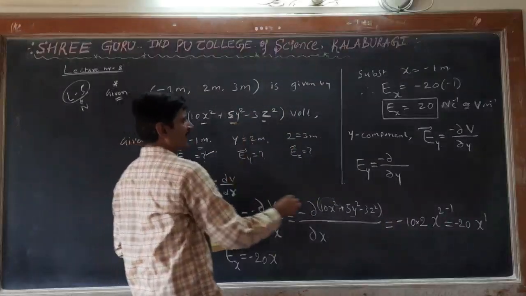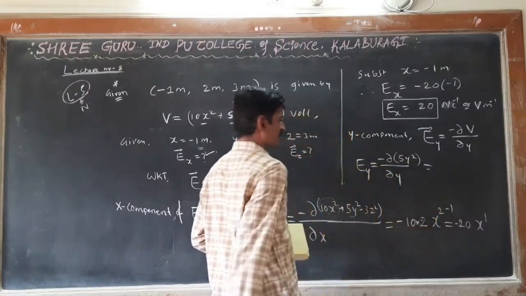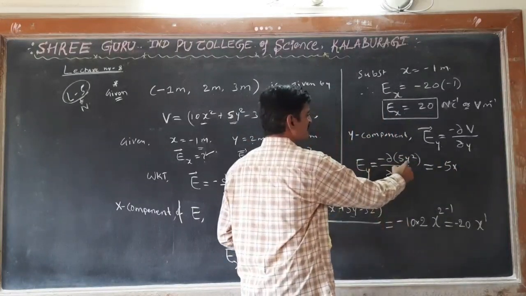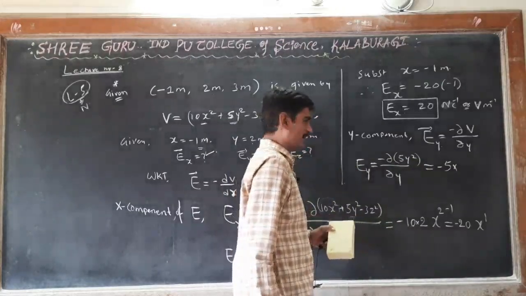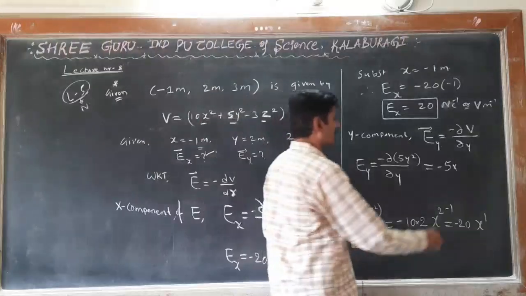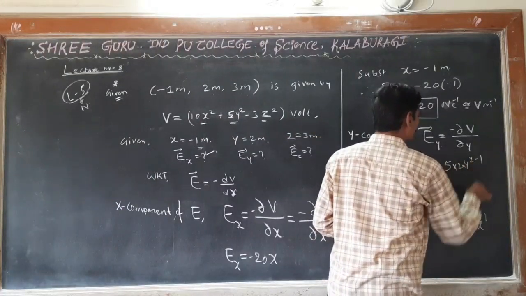So only substitute 5y square. Differentiation of 5y square: minus 5 is a constant outside, and differentiation of y square with respect to y.